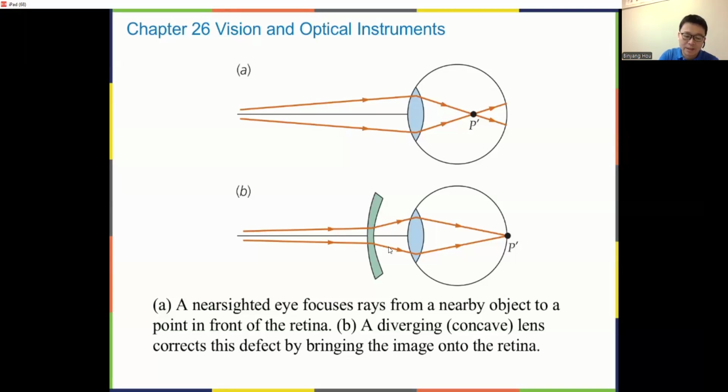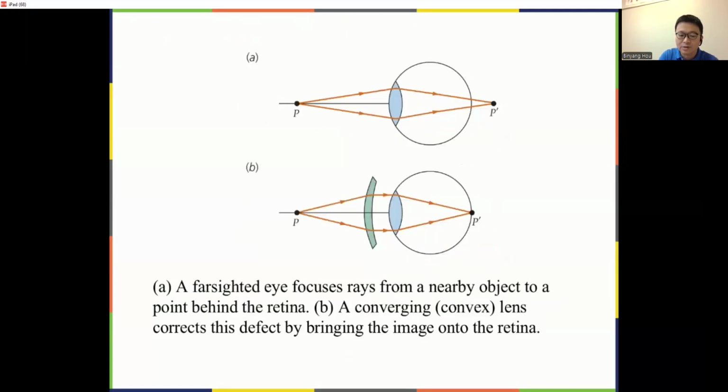And for the far-sighted eye, it will be the other way around. The image will be formed behind the retina, and you'll need to wear convergent lenses. This typically happens when people get old, and then they need those lenses.